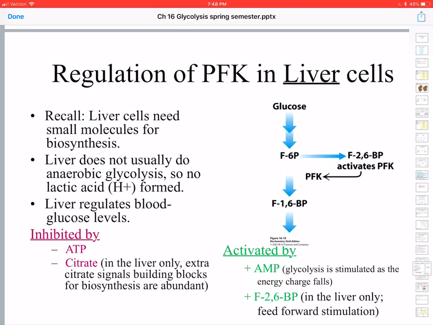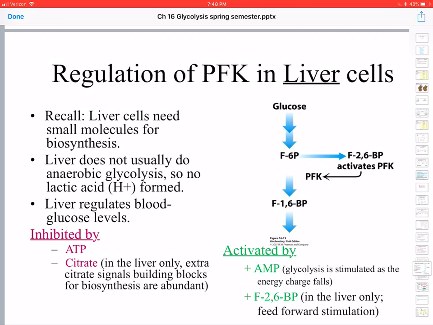So, and we've already seen this, PFK is inhibited by ATP in the liver cells, inhibited by citrate in the liver cells. It's activated by AMP and activated by fructose 2,6-bisphosphate. And this is in the liver only, and it's a feed-forward stimulation. So fructose 6-phosphate can be made into fructose 2,6-bisphosphate, which shows that there's an ample amount of fructose 6-phosphate and glucose.